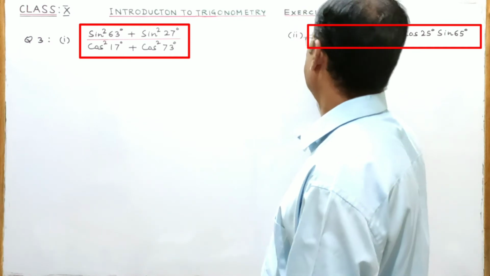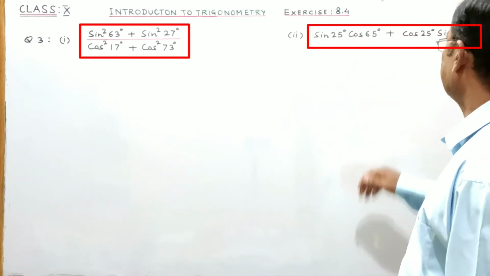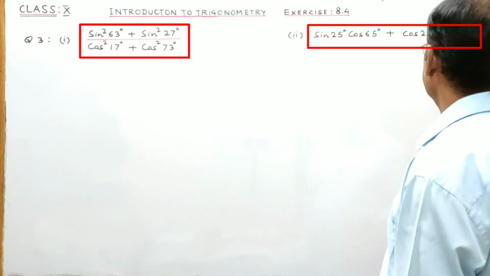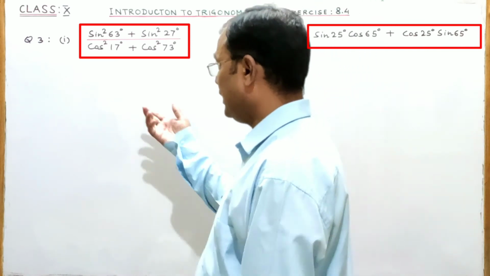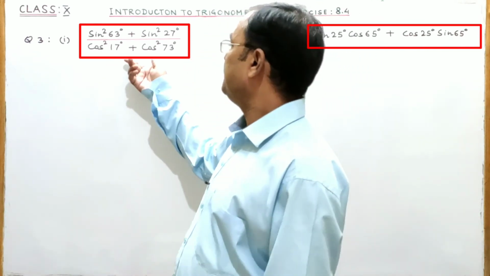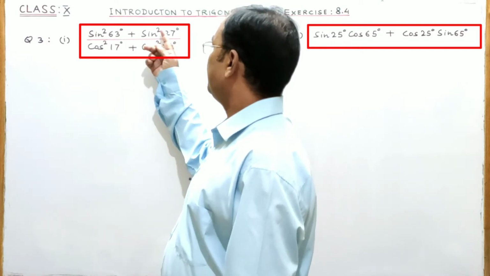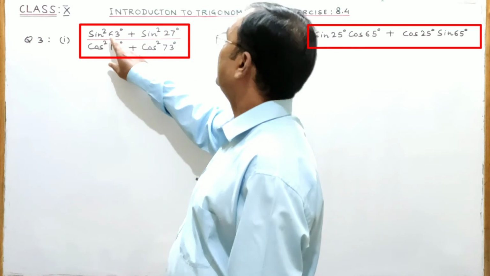Second expression is sin 25 degrees into cos 65 degrees plus cos 25 degrees into sin 65 degrees.